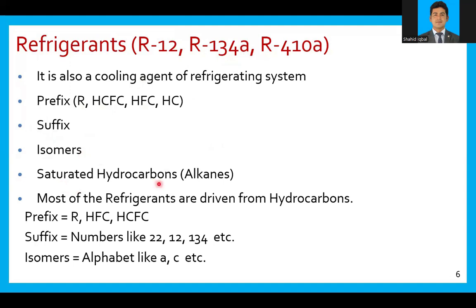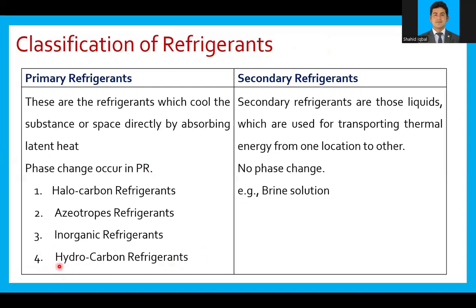Saturated hydrocarbons are also used for different refrigeration systems. Most of the refrigerants are derived from hydrocarbons. As I have already told you, the R stands for prefix. These numbers 22, 12, 134, and 410 are the suffix, where alphabets A and C are the isomers.